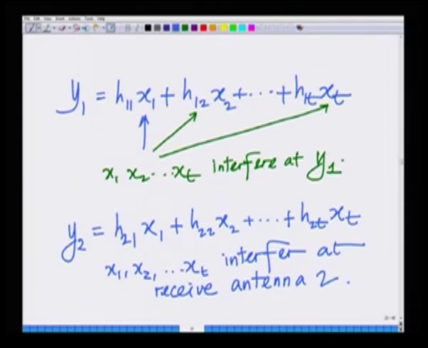So x1, x2, xt interfere at receive antenna 1, they interfere at receive antenna 2, and they interfere in fact at each of the R receive antennas.